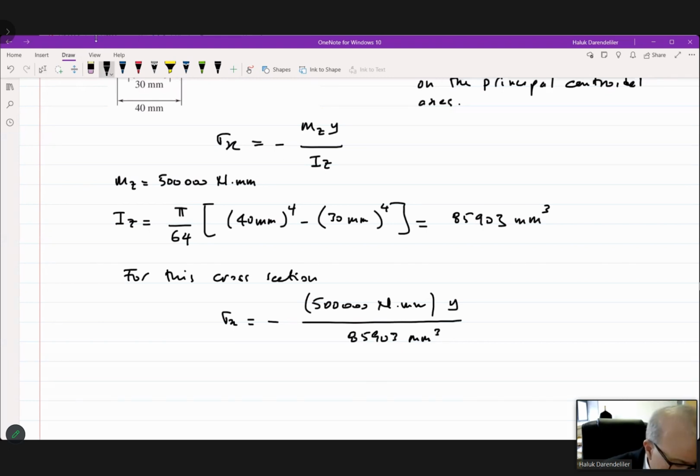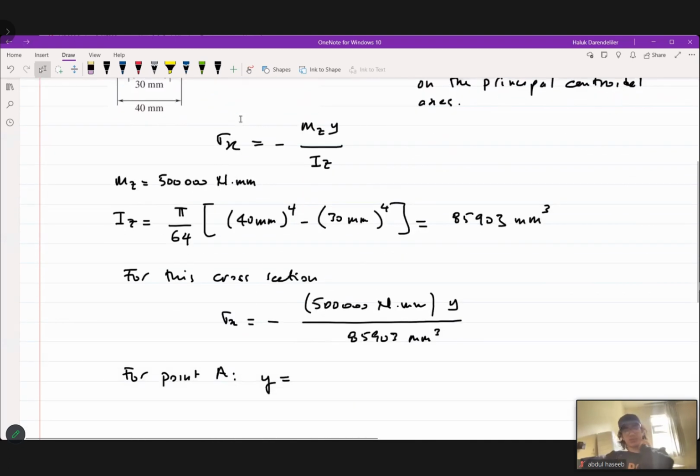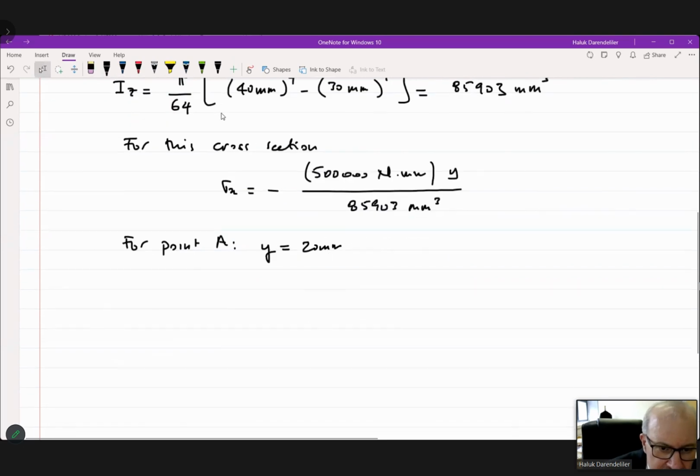Now, for point A, y is equal to, who is going to tell me what is y for point A? It is equal to, yes? 20. Yes, it is 20 millimeters. And then sigma x at A is equal to minus 116.4 megapascals. And there is compression.